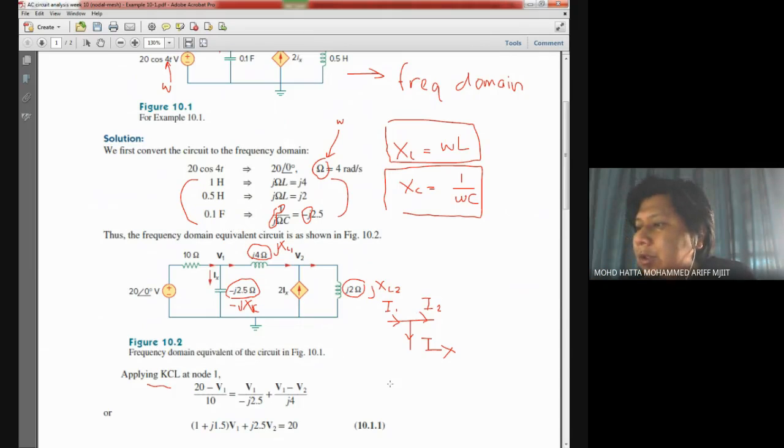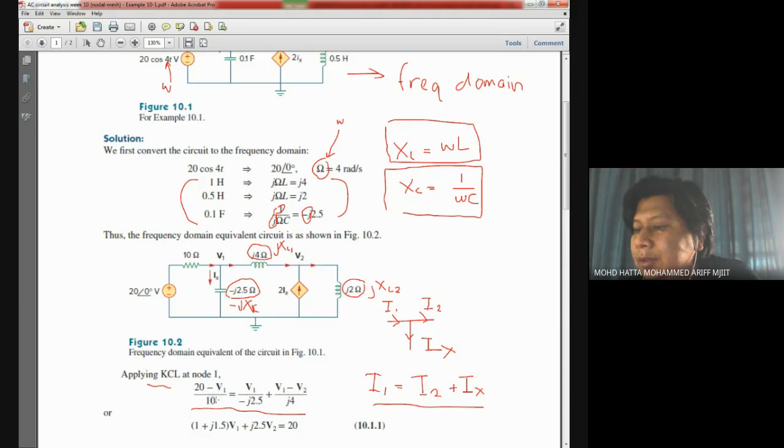Okay, based on this KCL at node number 1, you know that I1, the current coming in, should equal the summation of I2 and IX. The equation that you found over here is based on this basic equation. So I1 is given by 20 minus V1 divided by 10.